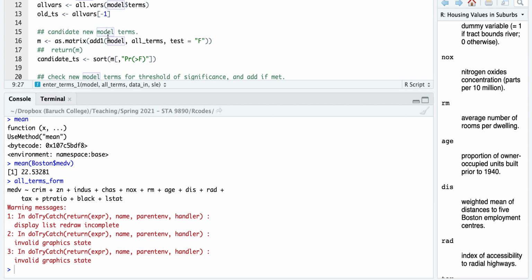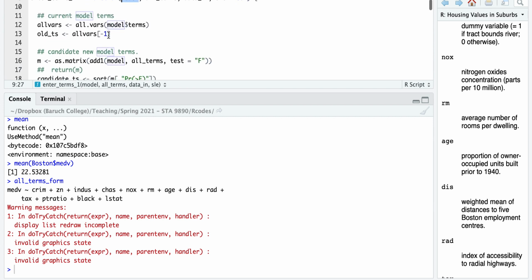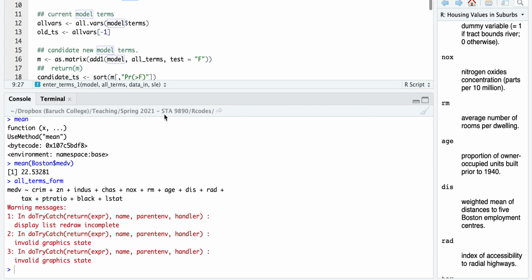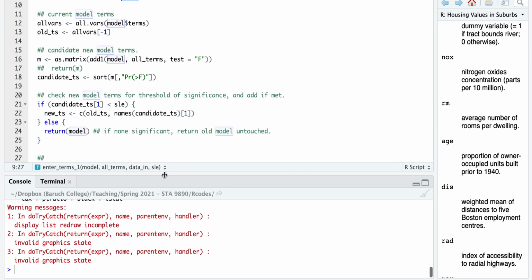And then we use the add one function, which essentially takes the current model, so when it has the model, it has also all the predictors involved.